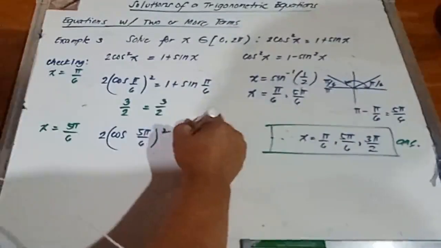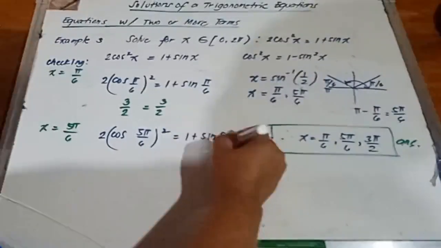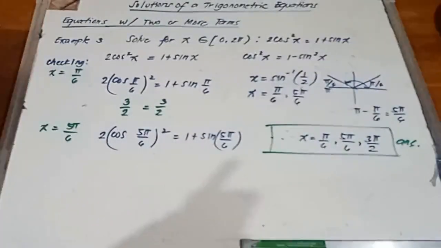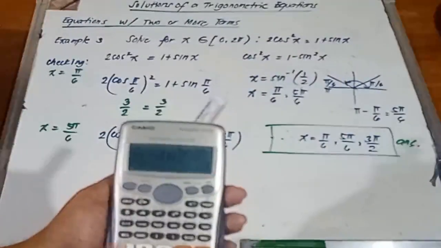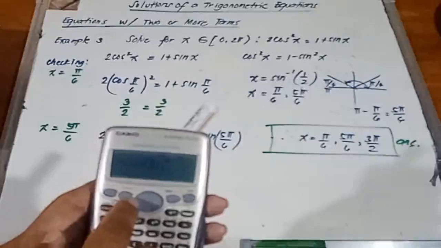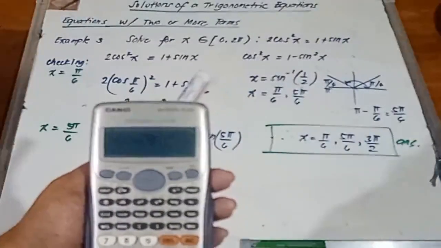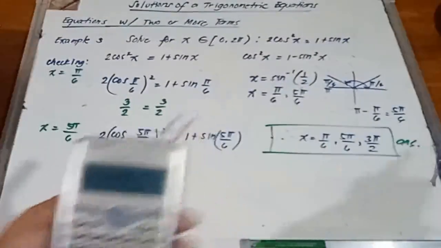Okay. 1 plus sine 5 pi over 6. Gamit yung ating ito, naka-display na. Papalitan ko lang ng 5 pi over 6. Okay, yung kanina kong ginawa. Kita nyo na. Then, press equals. 3 halves pa rin.